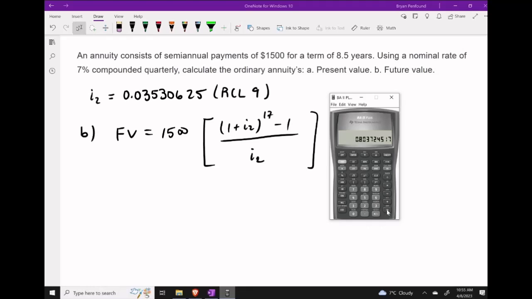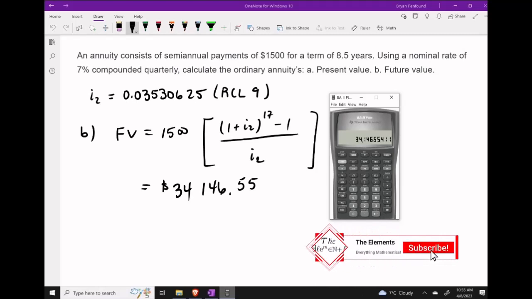I'm going to hit the equals button here and then divide by I2. Once we have this number, we should be okay to multiply by the payment size of $1,500. And this gives us a future value of $34,146.55.